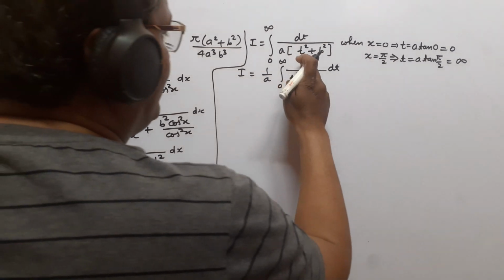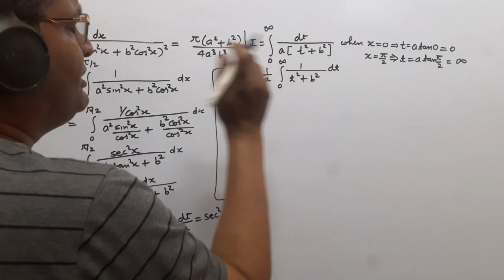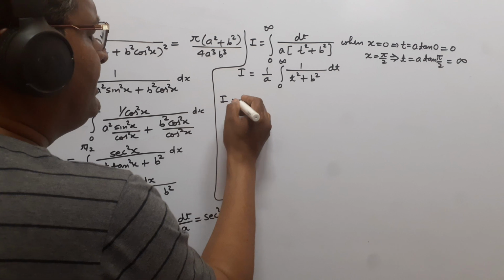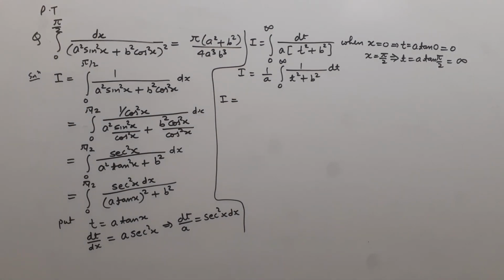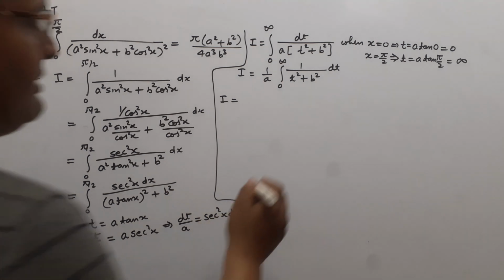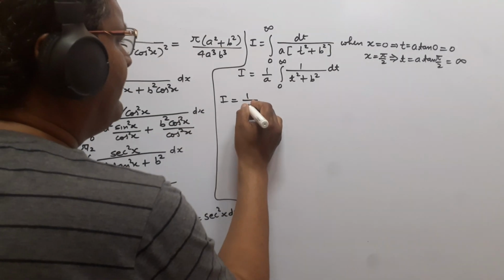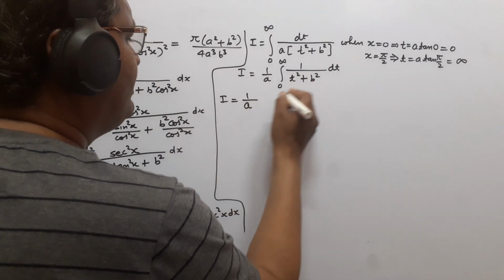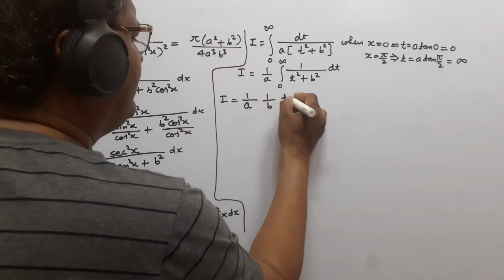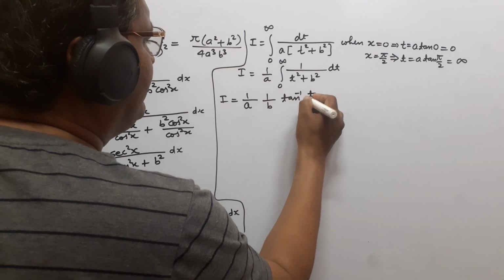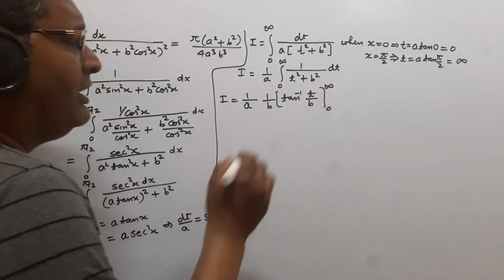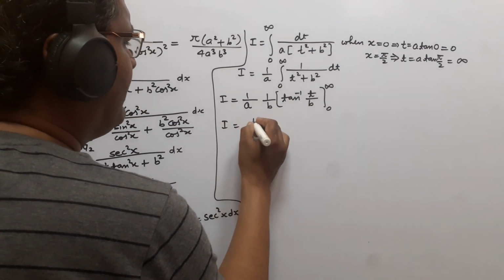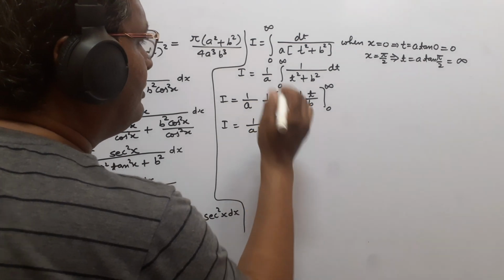Now we integrate 1 upon t square plus b square. We know that the integration of 1 upon a square plus x square is 1 upon a tan inverse x by a. So the integral of 1 upon t square plus b square is 1 upon b tan inverse t upon b. Now we write upper limit minus lower limit.